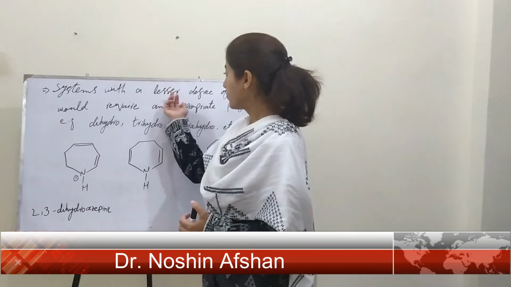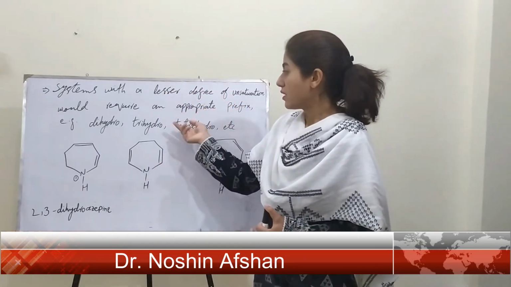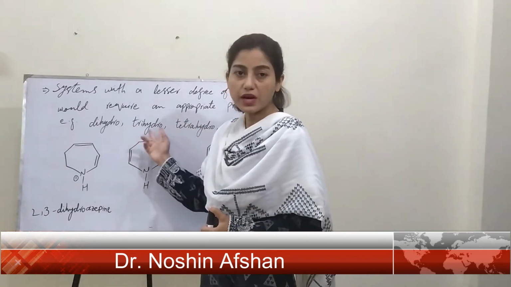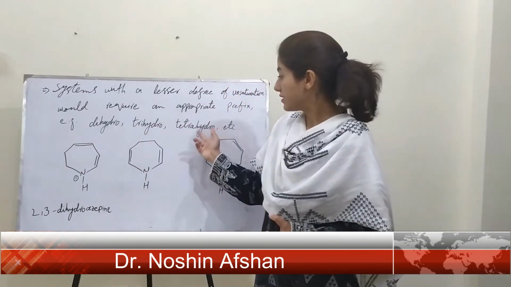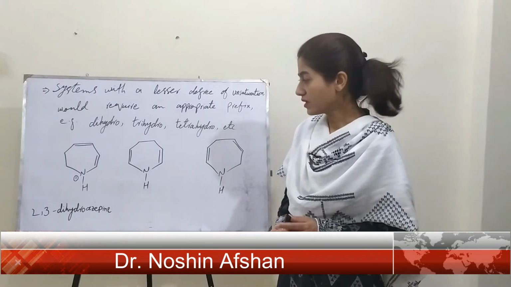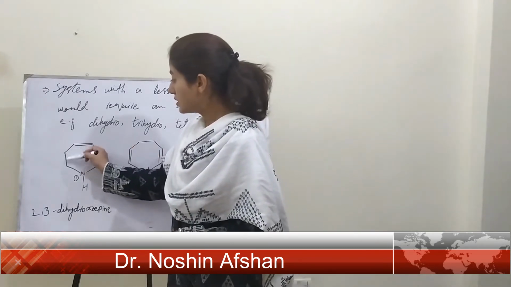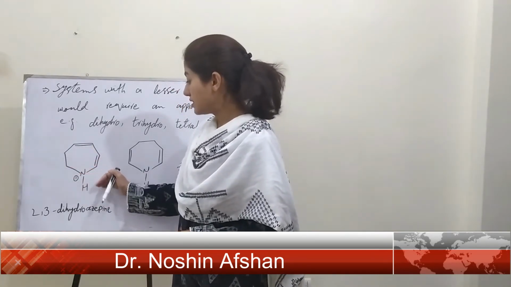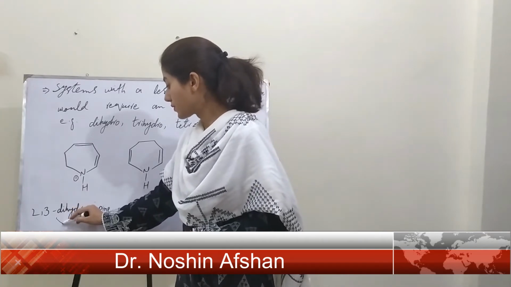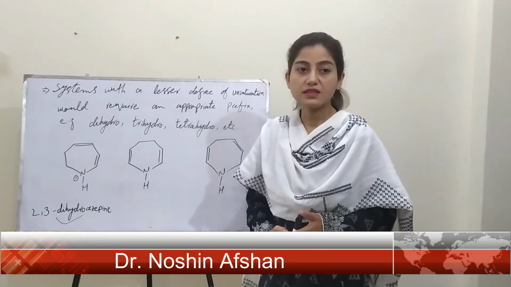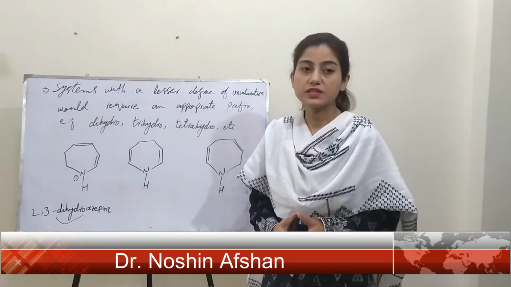Such systems would require an appropriate prefix in the form of dihydro, trihydro, tetrahydro, depending on the number of saturated carbons, not the heteroatom. As here there are 2 saturated carbons, we would name it dihydro. But then we also have to specify the position of these saturated carbons.